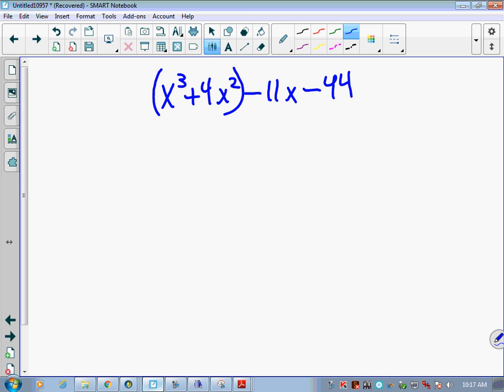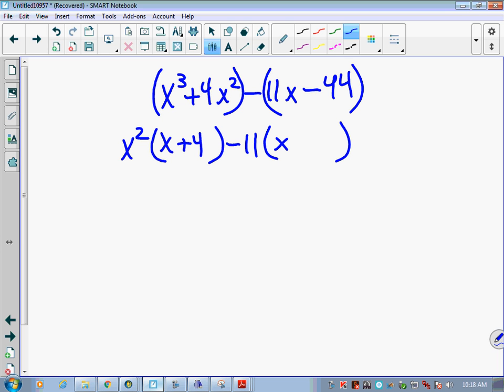Split these up. What can factor out of x cubed plus 4x squared? X squared. What's that leave me inside? X plus 4. What can I factor out of 11x minus 44? 11. So I've got a negative 11 out here.